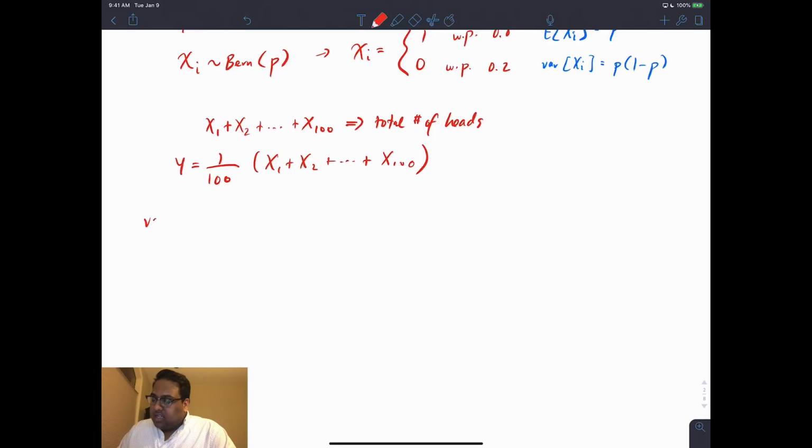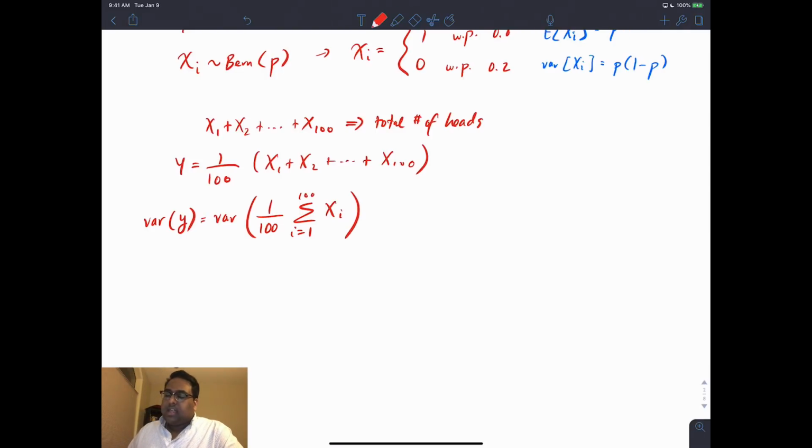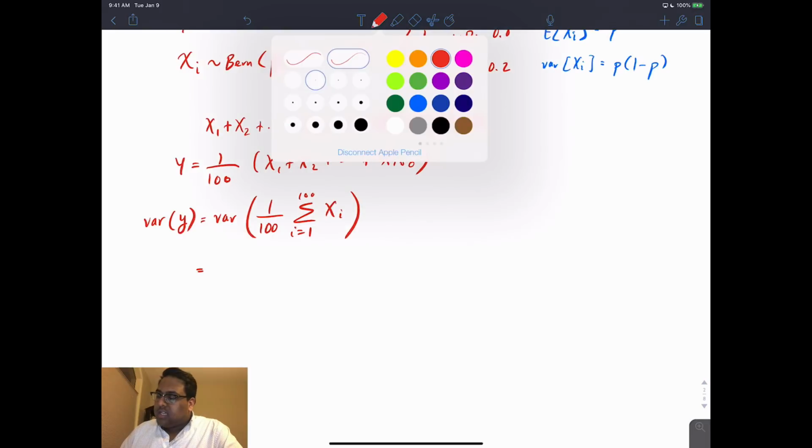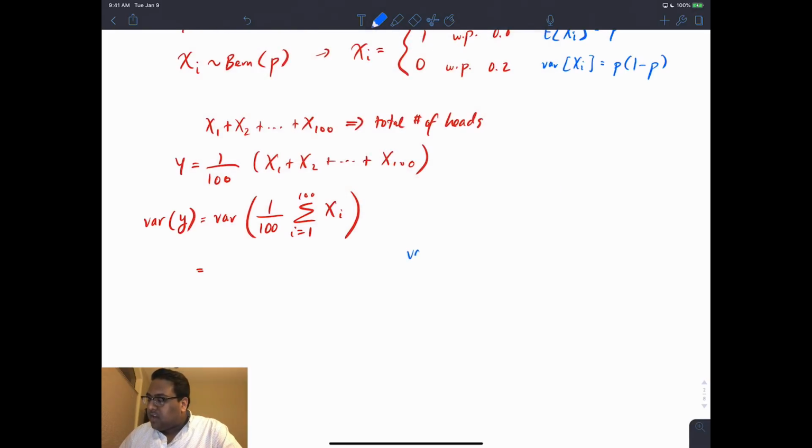So now what we want is just the variance of y. What I can do is take the variance of both sides and say this is the variance of 1 over 100 times the sum of i going from 1 to 100 of xi. Now, the first rule we're going to use is that the variance of a times x is a squared times the variance of x.